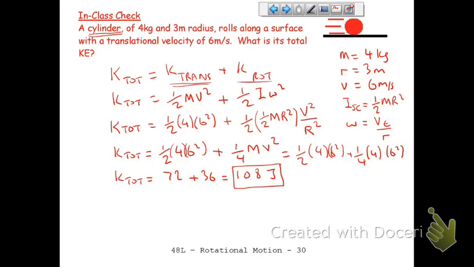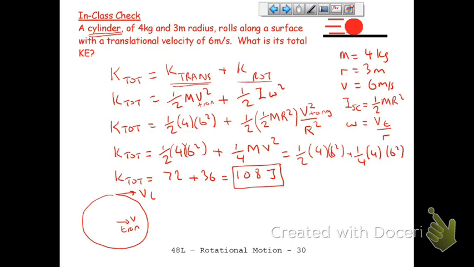I cheated a little bit because this is a v translational and this is a v tangential. What's the difference? There's my v translational.